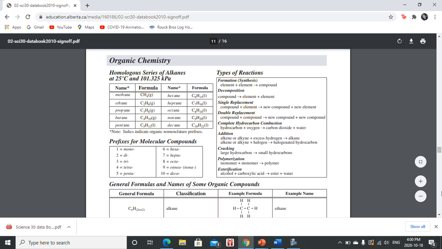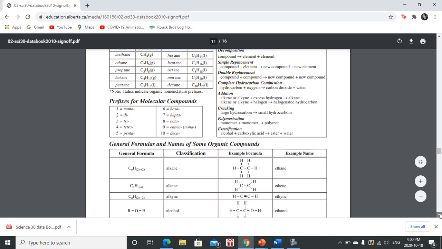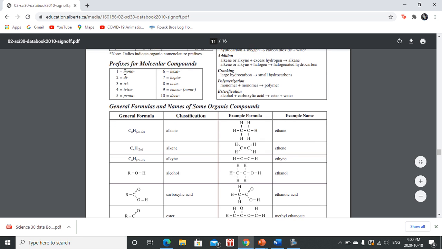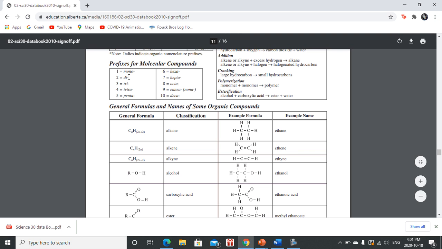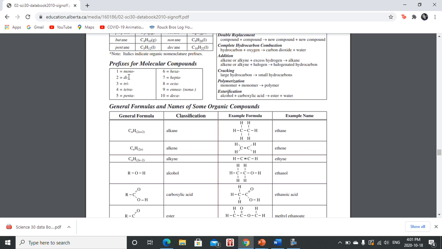What it also shows here that is of use to us are the molecular compound prefixes. So remember that when we are naming branches, for example, if we have 2 branches that are the same, for example, a methyl branch on the same carbon, then we need to use the di to indicate that there are 2 of them. So we use the molecular compound prefixes for that.